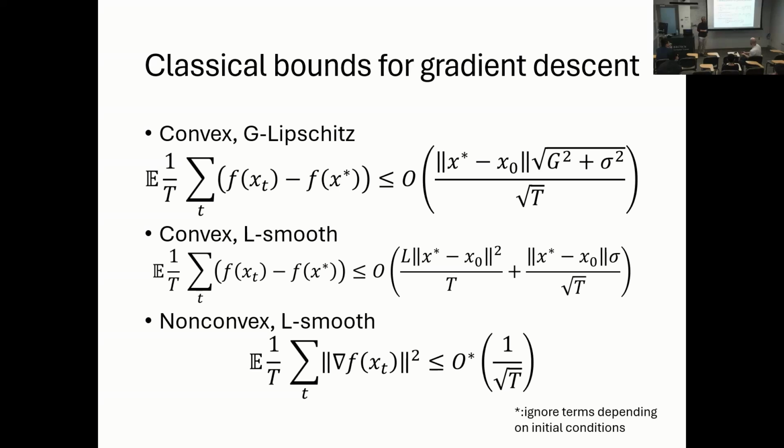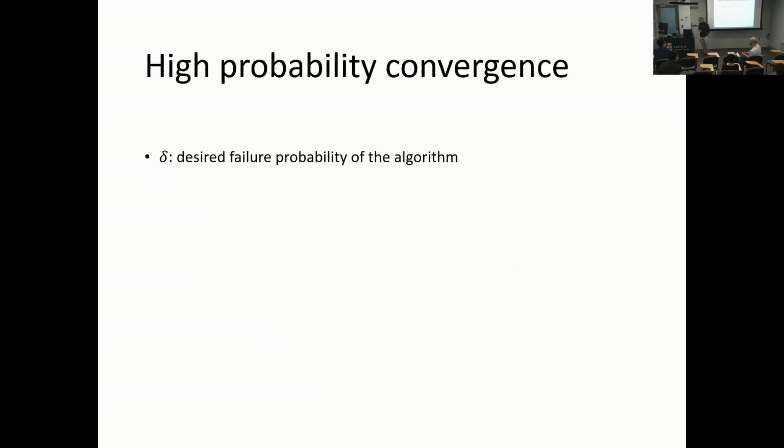So these are the classical bounds, and these guarantees all hold in expectation, which is very nice. Then you can ask: if we want to look into the probability of failure of the algorithms, what can we say? Let's say that I have a failure probability of delta.